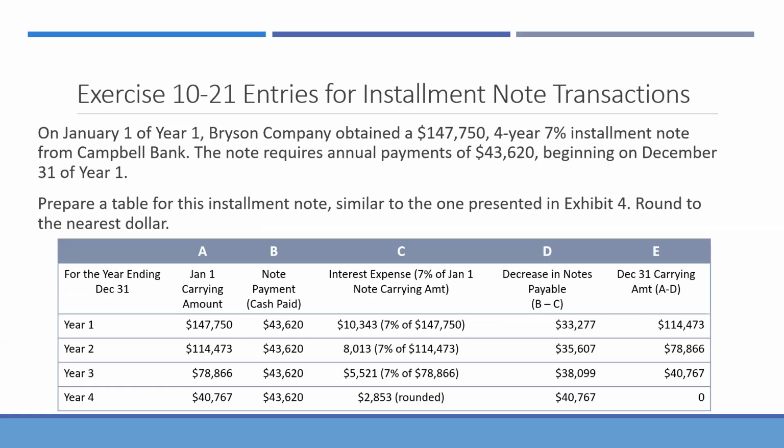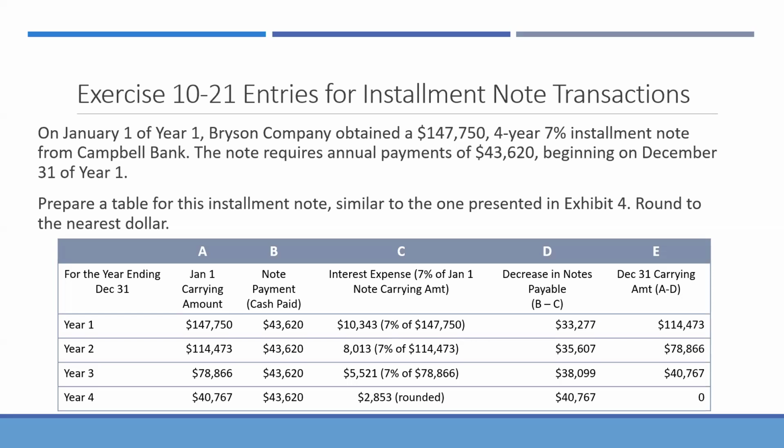And then we get to the principal amount that it goes down. And then we take the carrying amount minus the principal payment, and that gets our carrying amount on December 31st. And then that goes straight from December 31st to January 1st of the following year. And then, right, we start all over again.